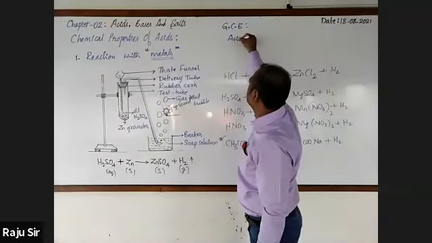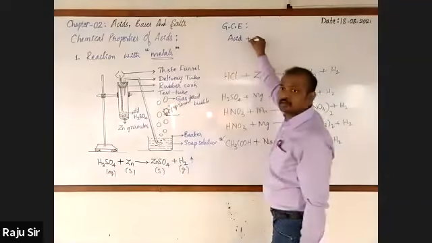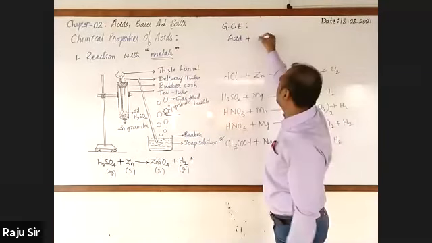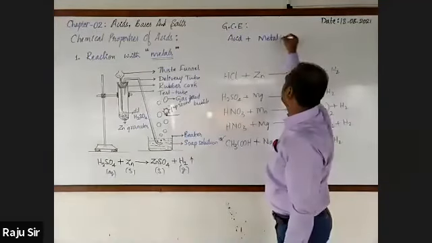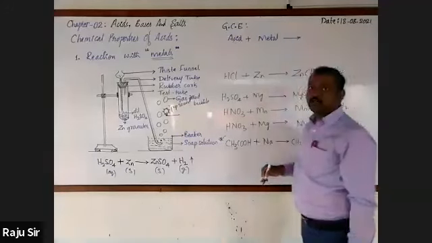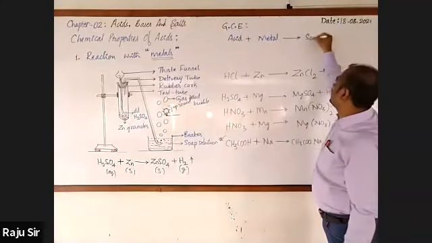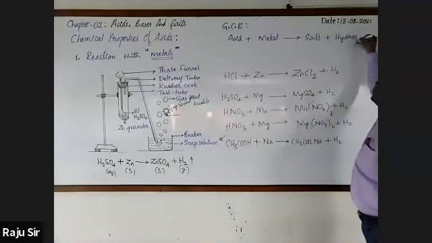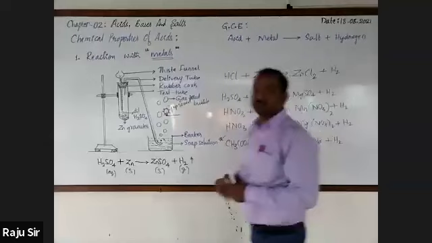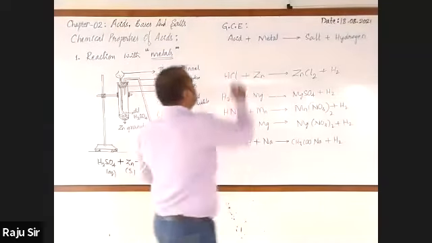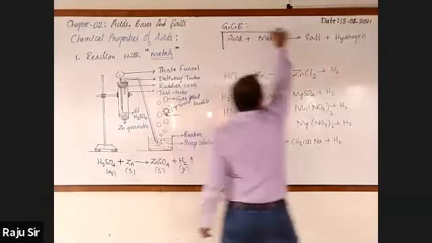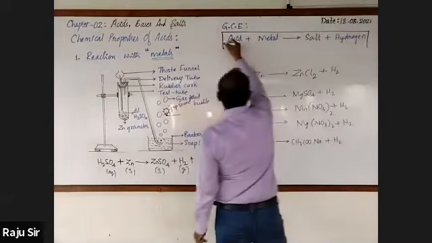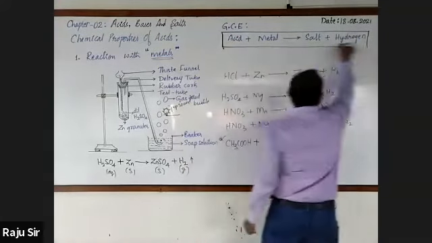Acid plus metal gives rise to salt plus hydrogen. Right, hydrogen. Highlight this with a box. This is very important, the general chemical equation.